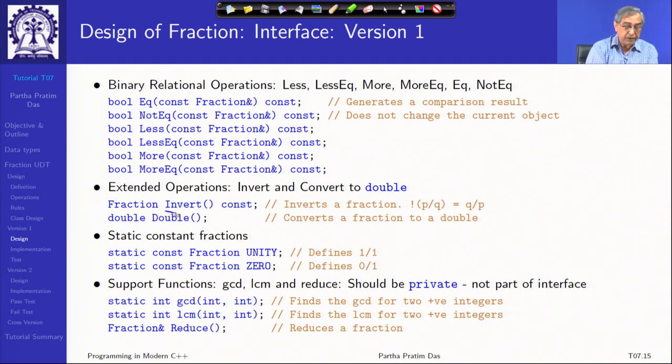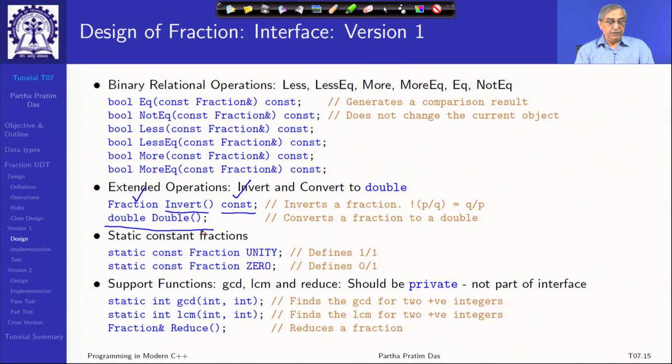If I invert a fraction, I take 1 by that fraction, then I will get a new fraction. So, it is returned by value and it is a constant member function. Double is a special member function, which will take the current fraction and will return its value as a double number, right.